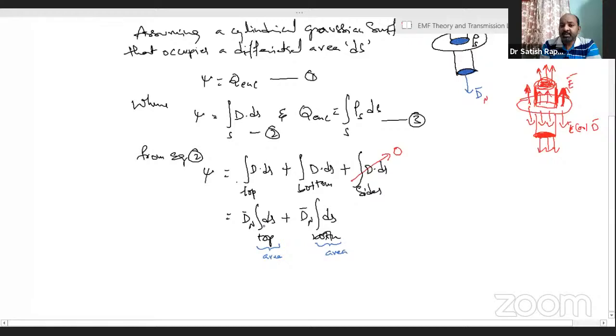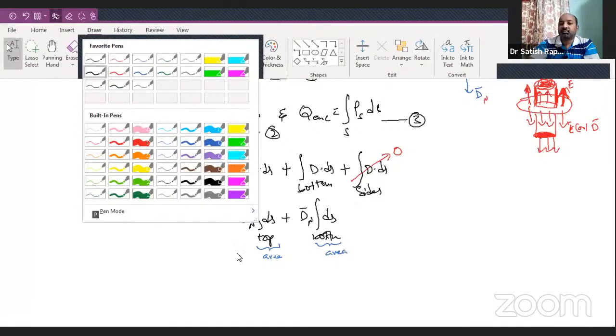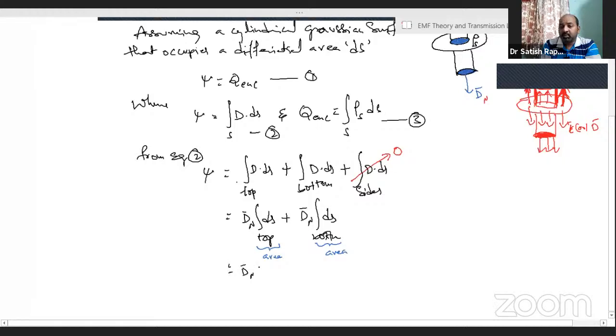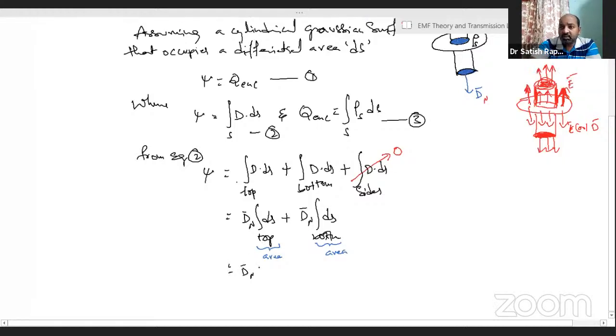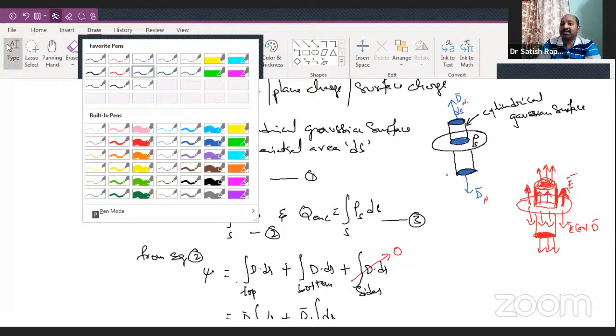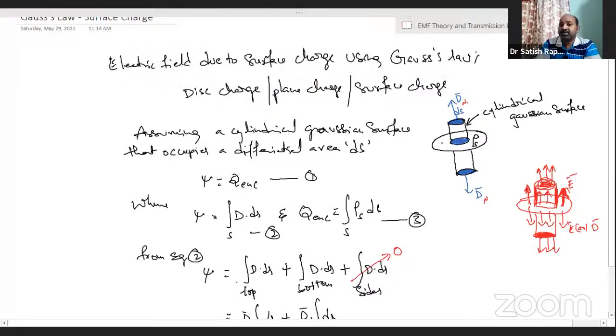So what is area here? Area occupied is dS. Therefore, we can write this as dn bar, and to avoid confusion with dS, let us say the area is delta s here.